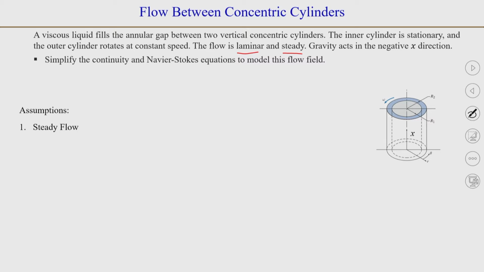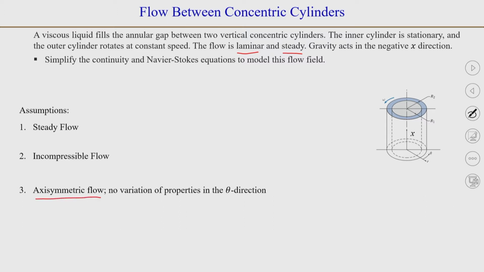In all such cases for which we are finding the analytical solution, the flow is laminar. The flow is steady, the flow is incompressible, and the flow is axisymmetric, which means that there is no variation of properties in the theta direction.